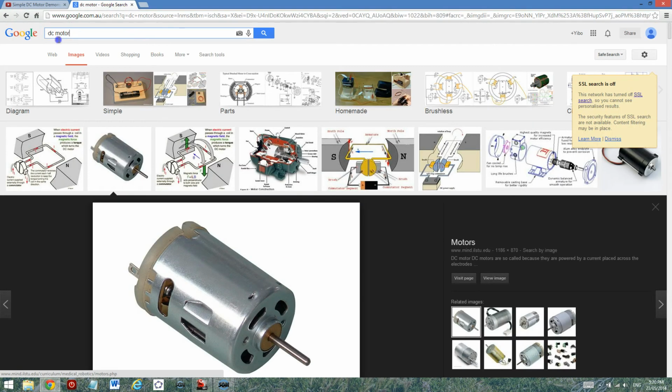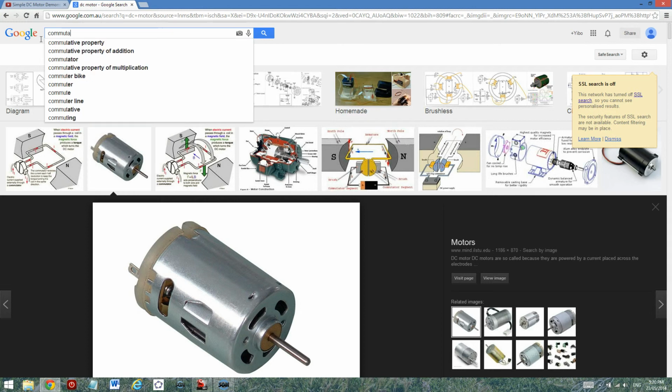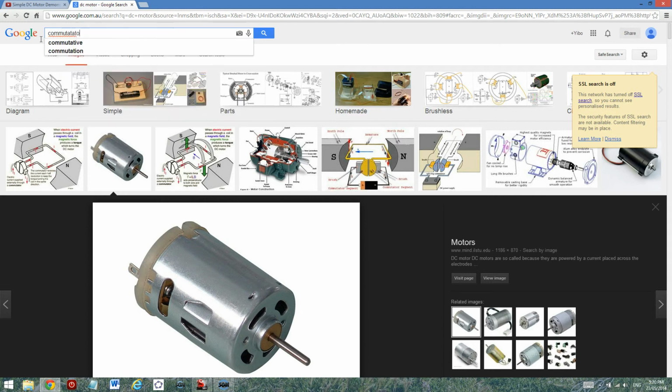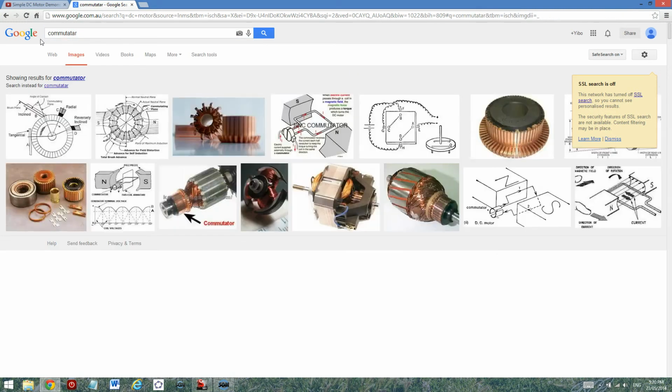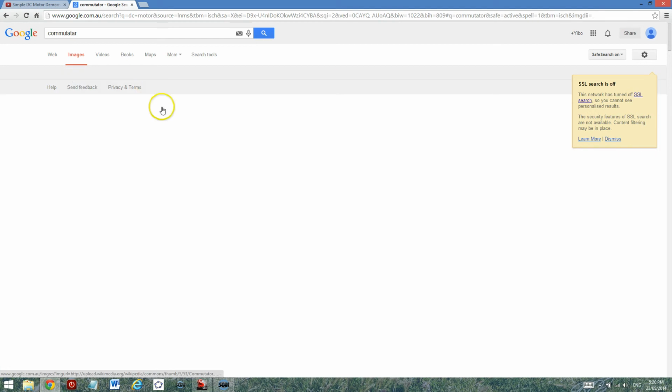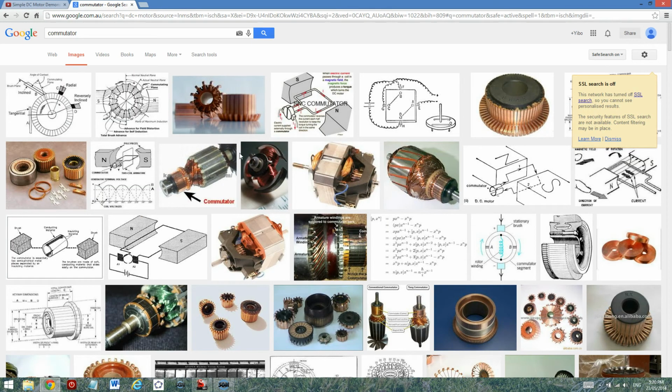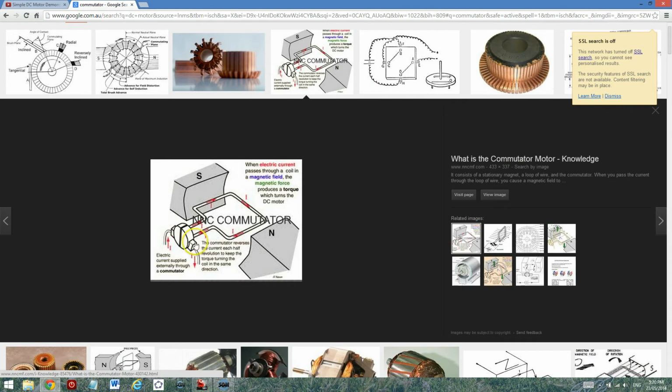Let's just go to Google and search for it. Just remember, those DC motors are, in reality, three-dimensional. So here is a better picture of a commutator.